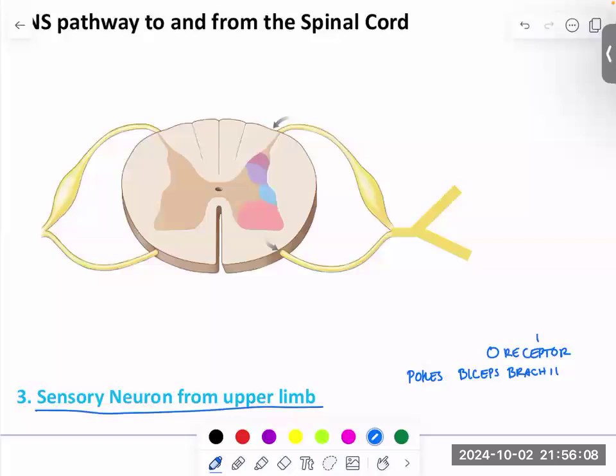At the receptor. Guess what? This one's going to go into that region. What region does it go into first? The ventral ramus. Then it's going to go into what next? The spinal nerve. Then where does it go?